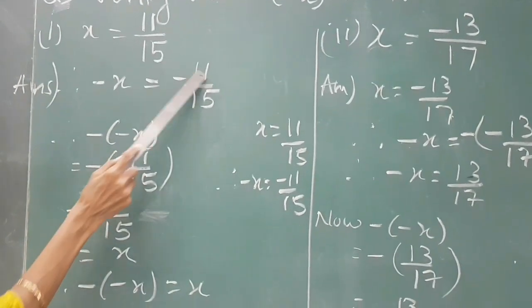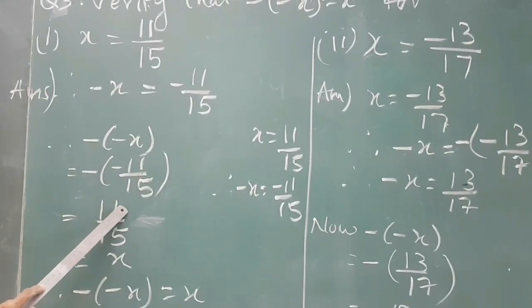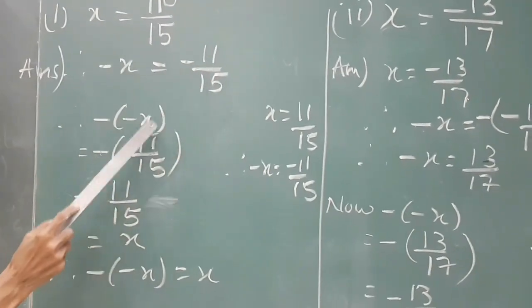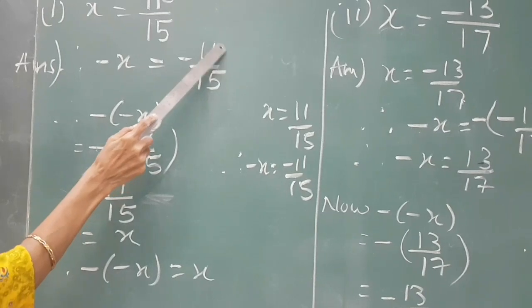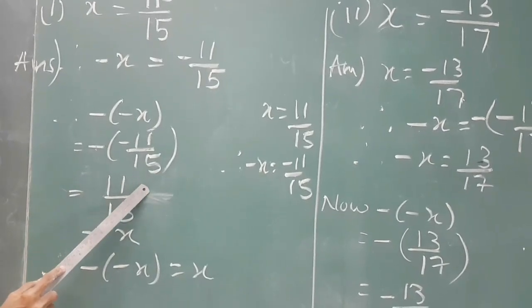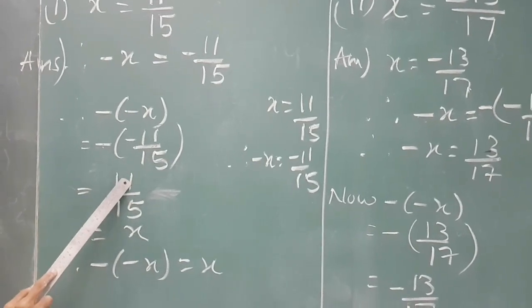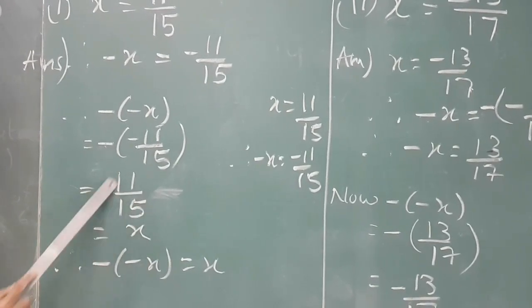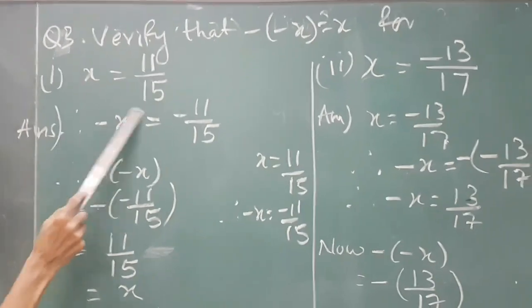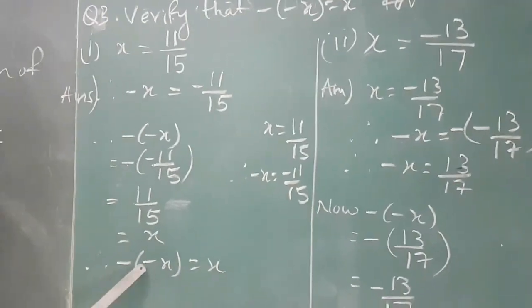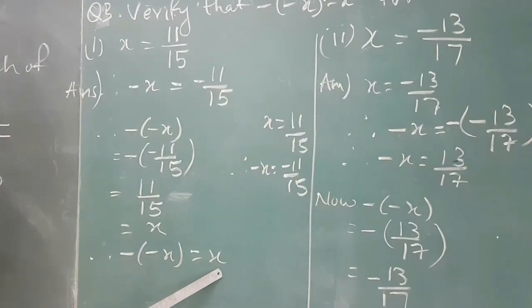Simply I have kept the value of minus x in the bracket. Is it clear? This minus as it is, and for minus x, I have kept the value. What is the value of minus x? Minus 11 upon 50. So minus minus will become plus. So the answer will be 11 upon 50. And what is 11 upon 50? Our original value of x. Therefore, we have verified minus of minus x will be x.